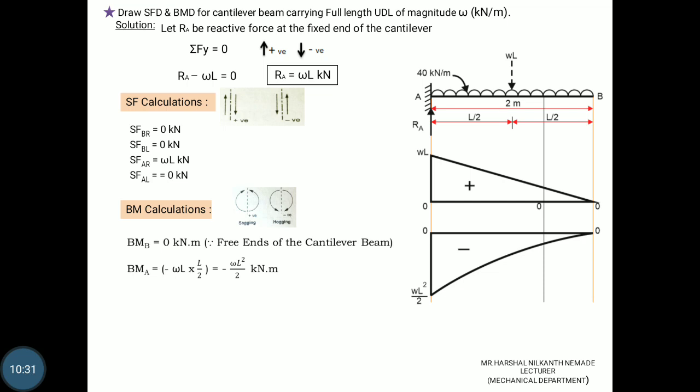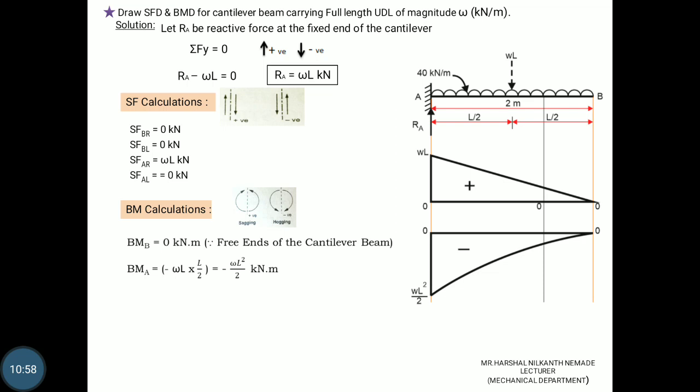SF calculation. SF at B right is equal to 0 kilonewton, SF at B left is equal to 0 kilonewton, SF at A right is equal to W into L kilonewton, and SF at A left is equal to 0 kilonewton. After the SFD, I will get the BM calculation. Bending moment at B is equal to 0 kilonewton meter, the free end of the cantilever beam.